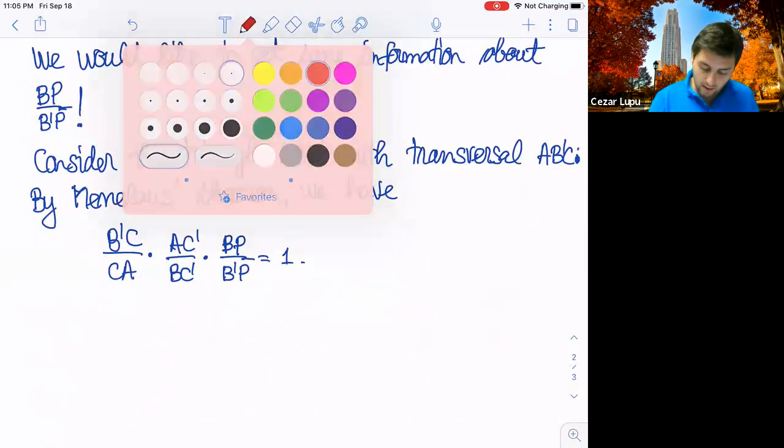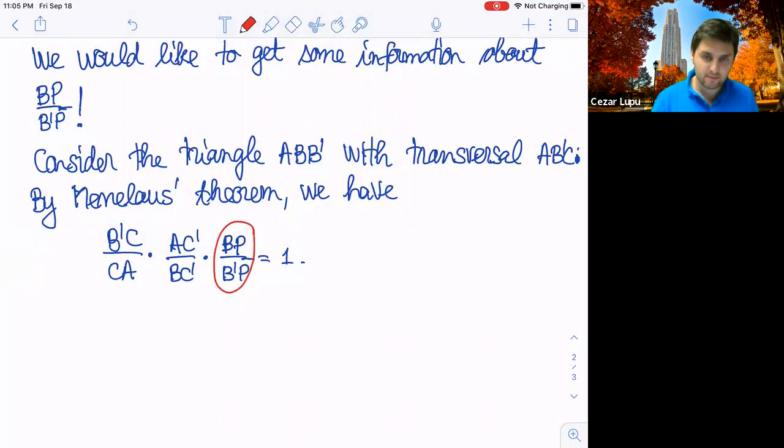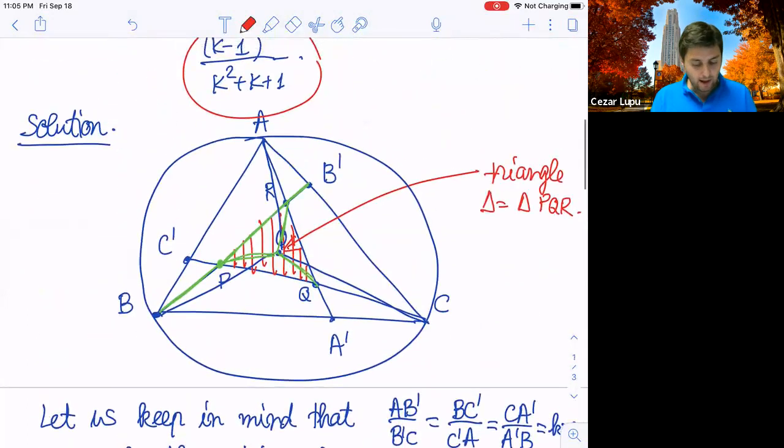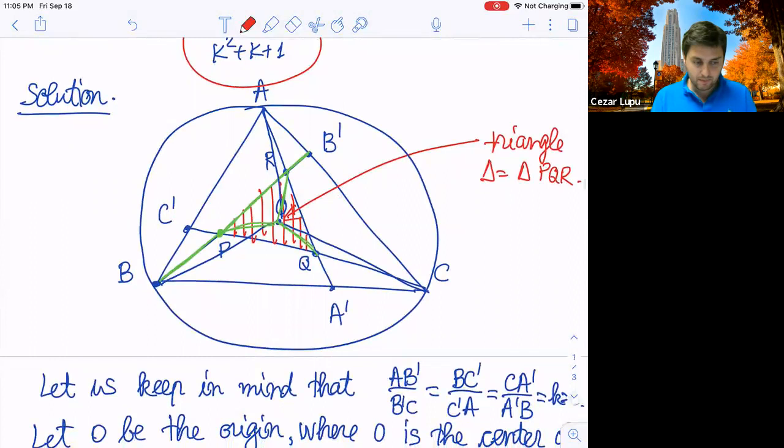Now look at this guy here. So it's exactly what we want. We want to get this one. Well, B prime C over CA, we have to compute this a bit.